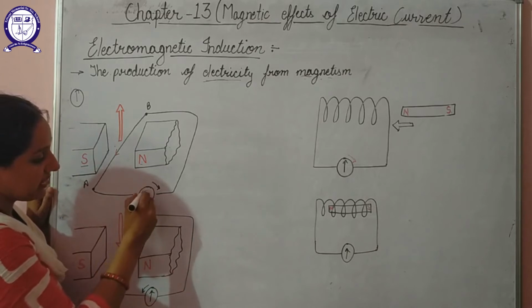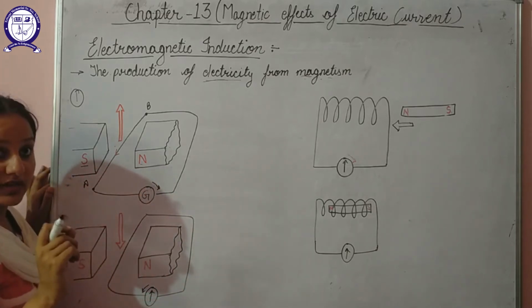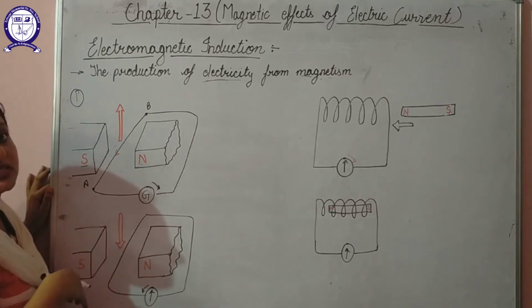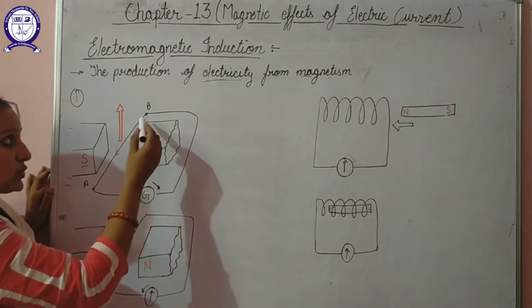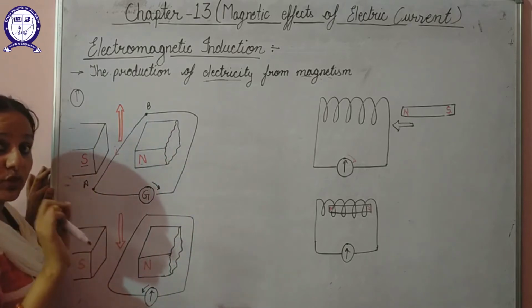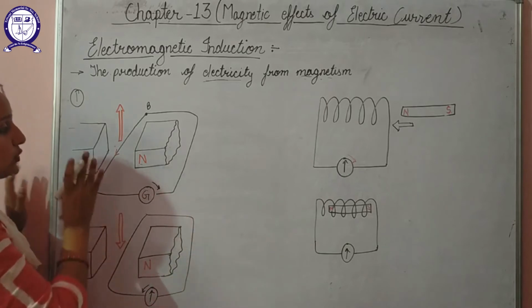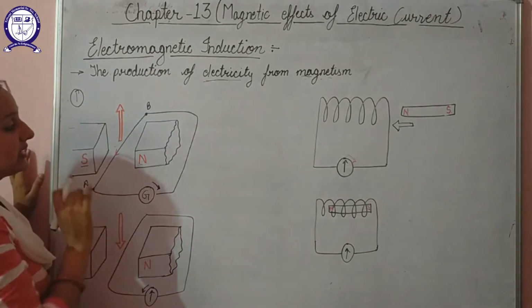Galvanometer is a device which is used to determine the presence of current. Depending on the presence of current, it will show deflection either towards the left side or towards the right side. So here I will connect the galvanometer to this conductor AB so as to determine whether the current is flowing or not. So how will we induce current here with the help of electromagnetic induction?